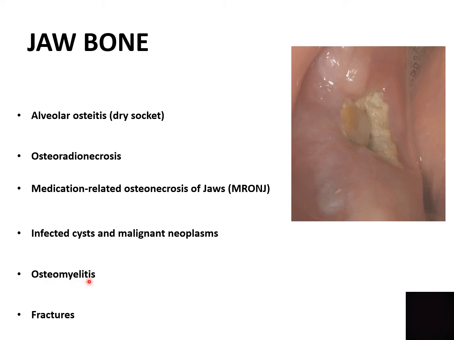Osteomyelitis is inflammation of the bone involving the medullary spaces, and there are a variety of presentations, such as acute, with or without suppuration, chronic osteomyelitis, and then specific types related to bacterial infections such as actinomycosis and tuberculosis. Again, it's a topic in its own right and merits a separate discussion.